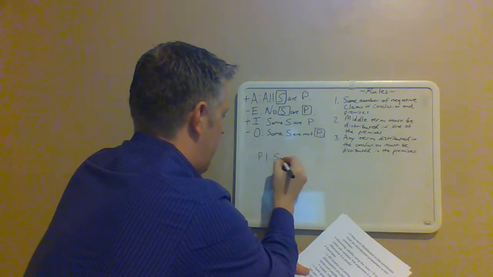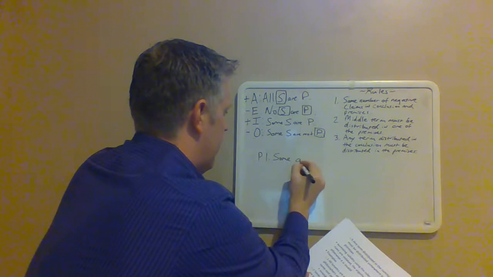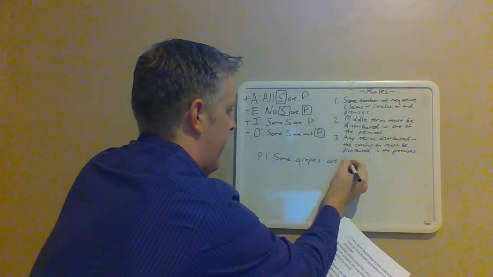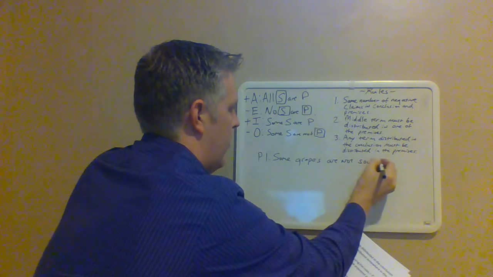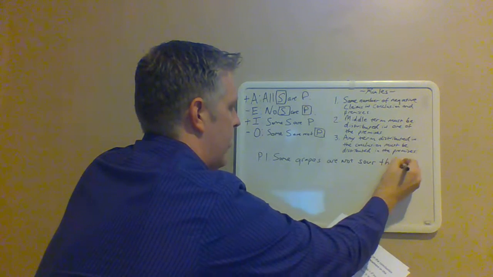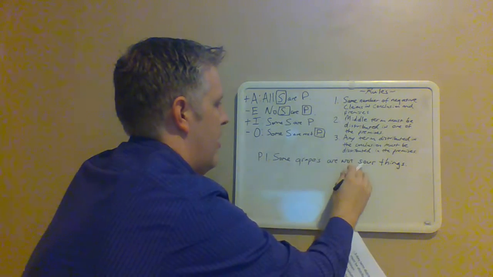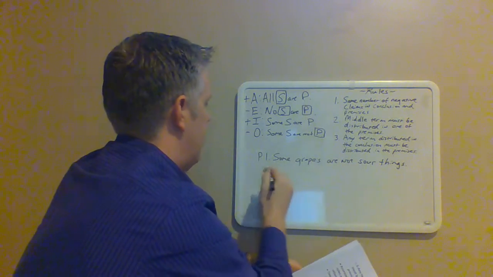So premise 1 would be something like, some grapes are not sour things. We could just put things; I mean, it can be food, sour things, anything along those lines. But now it's no longer just an adjective.